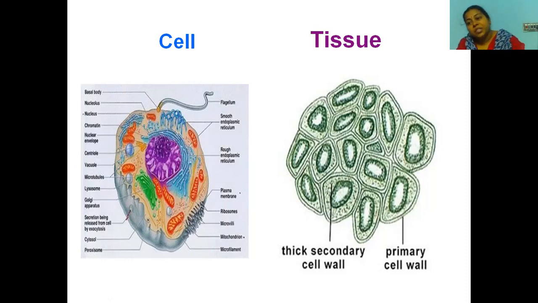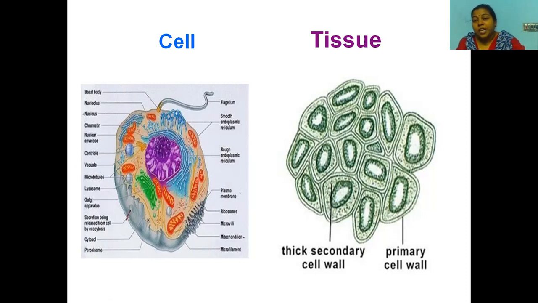But in the case of unicellular, as the organism's body has a single cell, no one is there to share the work. But in the case of multicellular, so many cells are present, so there's a chance of sharing the work among the different cells. You know, children, cells are combined together to form a tissue.